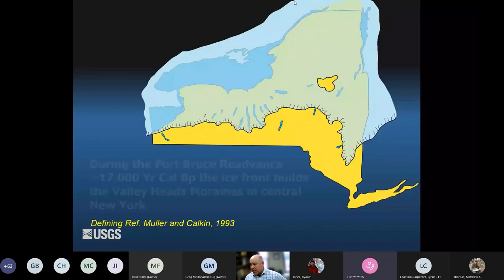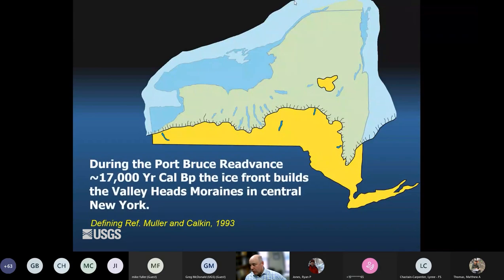Then the ice re-advances at the stage known as the Port Bruce, forming the valley heads moraines, which is important because it creates the modern drainage divides between the Ontario Basin and the Susquehanna River drainage systems into Pennsylvania. So the ice is re-advancing during this period of time.